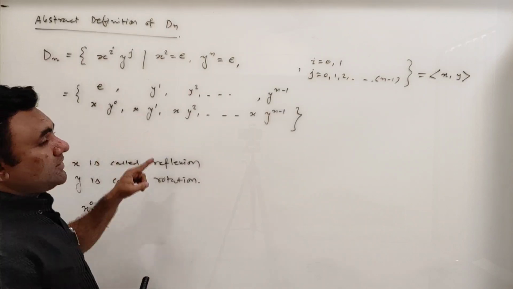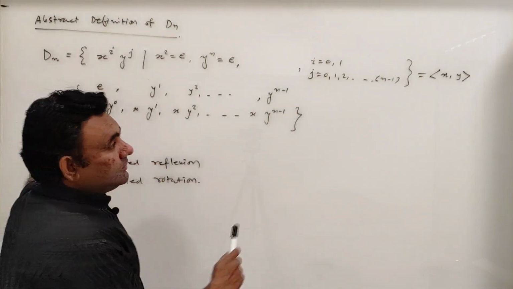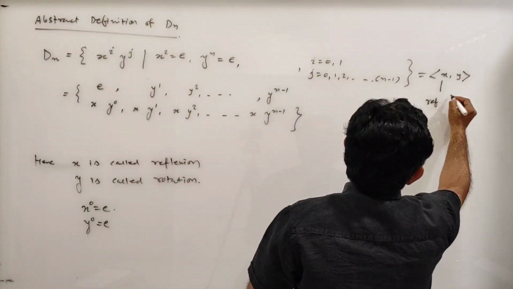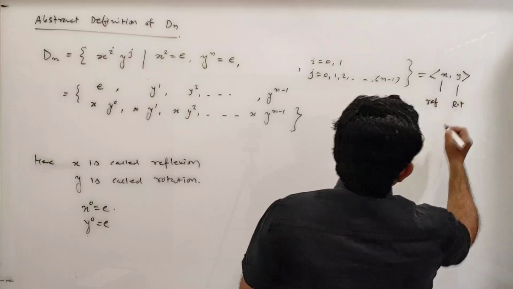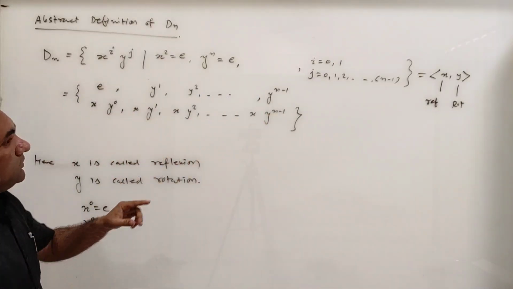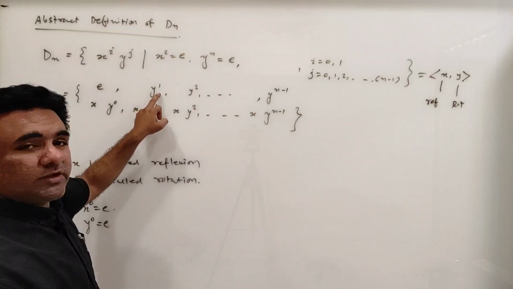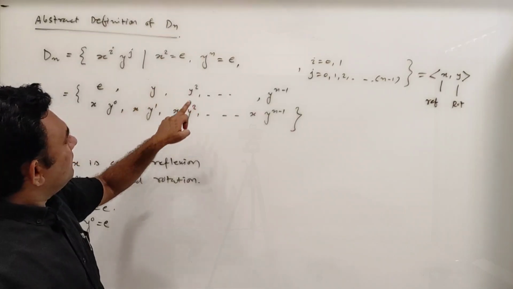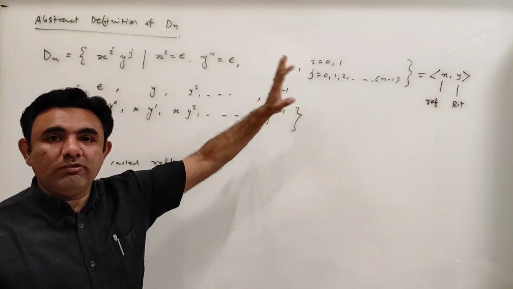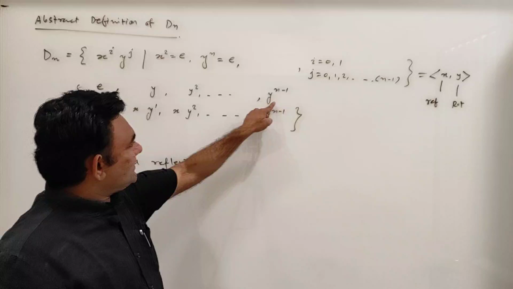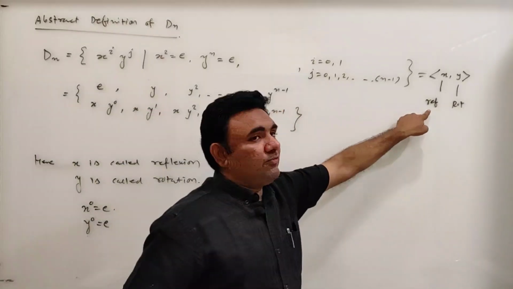where this set contains, you start with E, and this is my reflection, and this is my rotation. Then the powers of rotation, that is y raised to 1, y square, y cube up to y raised to n minus 1, and you multiply all these elements by reflection, that is x.